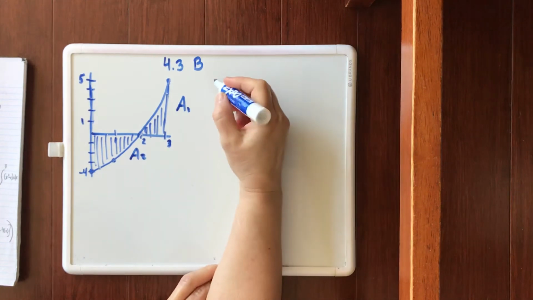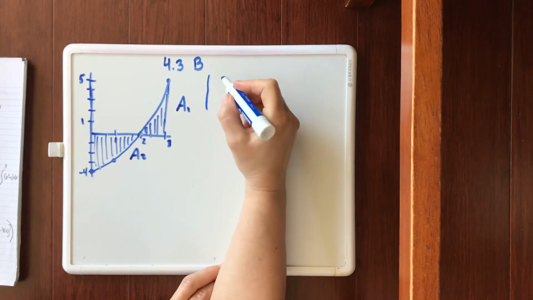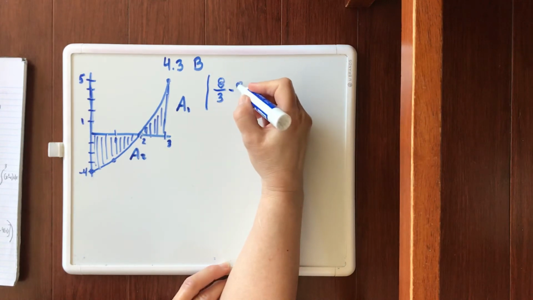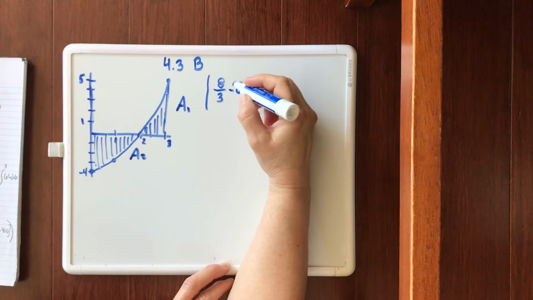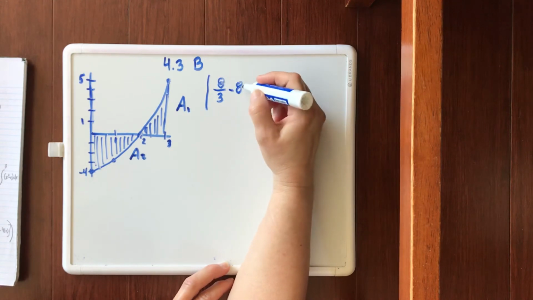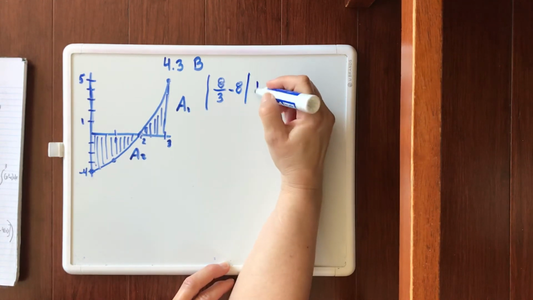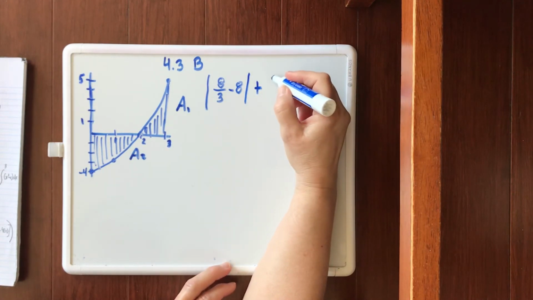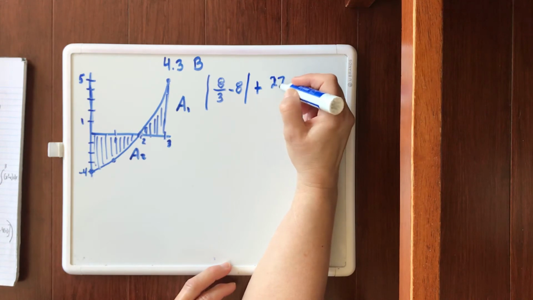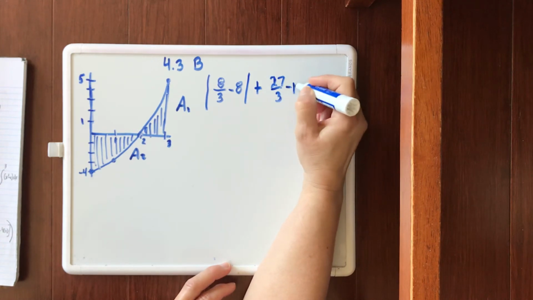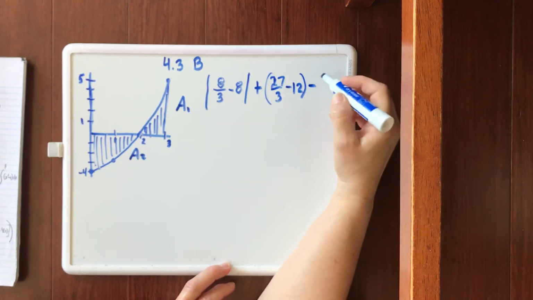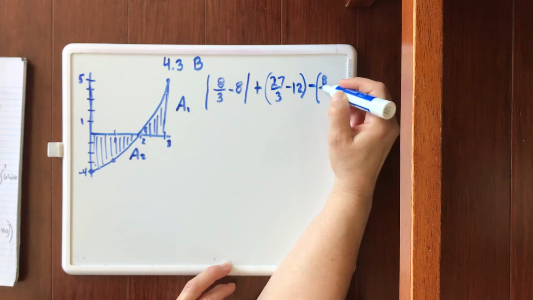All right. So what we end up with, we have 8/3 minus 8. Plus, and then we have 27/3 minus 12, and that's going to be minus 8/3 minus 8.